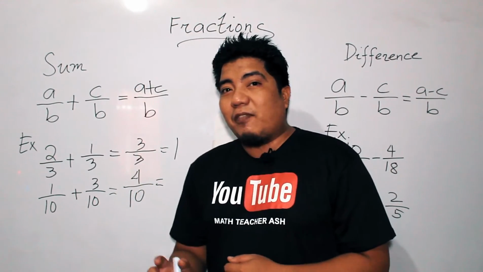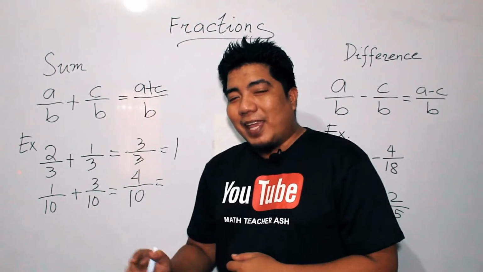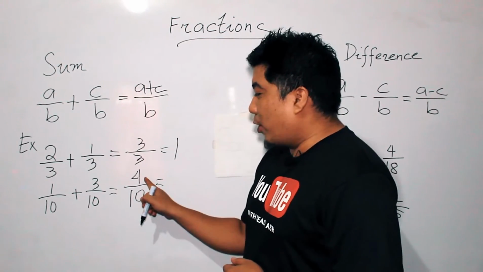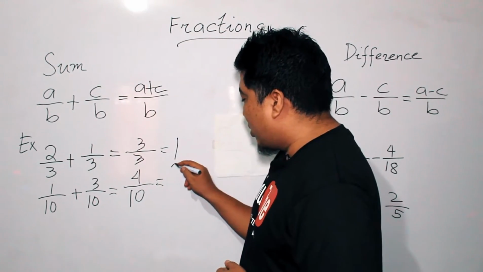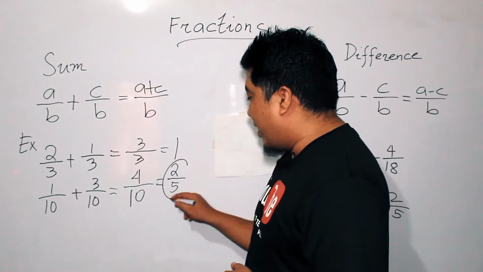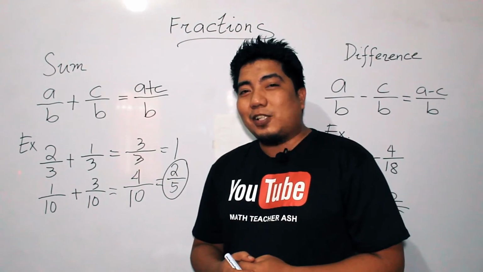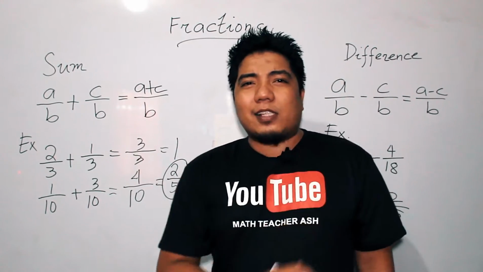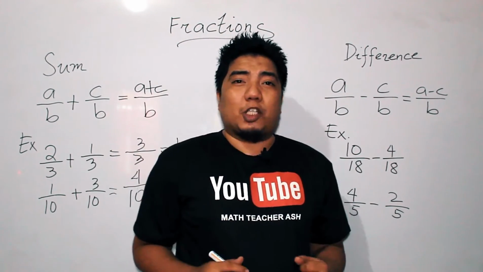So, what is the GCF between 4 and 10? That is 2. So, 4 divided by 2, that is 2. 10 divided by 2, that is 5. And this will be your final answer. Easy, right?